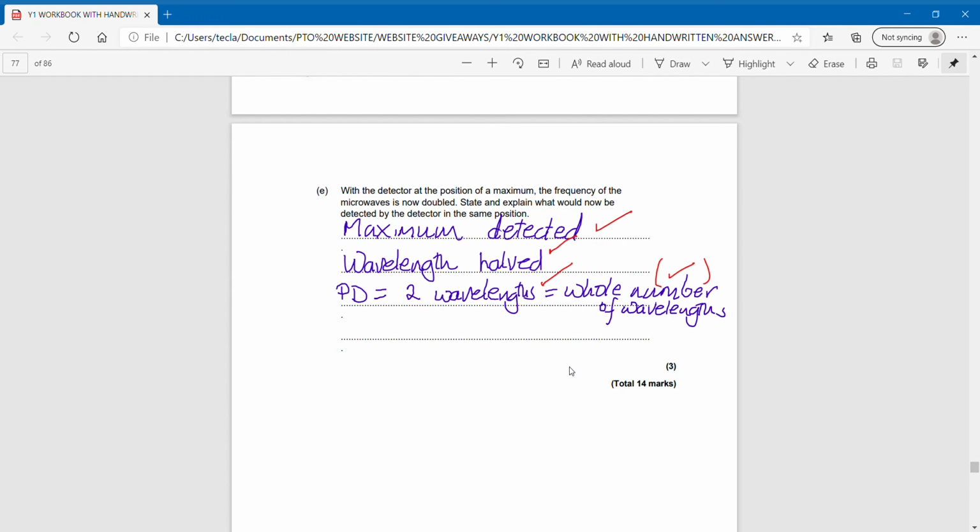We've doubled the frequency, and the path difference is now equal to two wavelengths instead of one, but it's still equal to a whole number of wavelengths. So maximum detected, 1 mark. Wavelength is halved, 1 mark. Path difference is a whole number of wavelengths for the third mark.